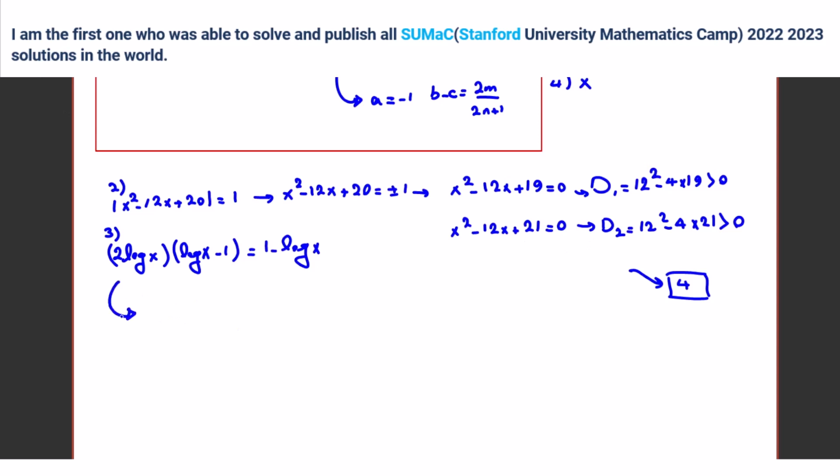Now let's work on this. So here one case you can say, okay, log x is 1. We should check this case. Or log x is not 1, and you can divide, right?